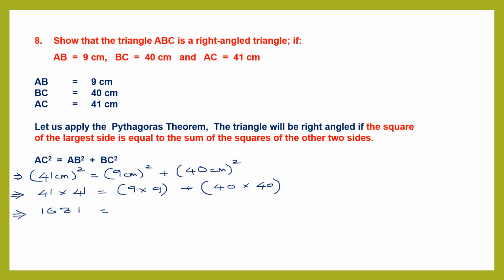Now on the right hand side, what do we have? 9 nines are 81 plus 40 into 40. 4 fours are 16 and add the two zeros. So on the left hand side, we have 1681. On the right side, 81 plus 1600 will be 1681. So we have proved that this is a right angle triangle by applying the Pythagoras theorem. So the left hand side is equal to the right hand side.